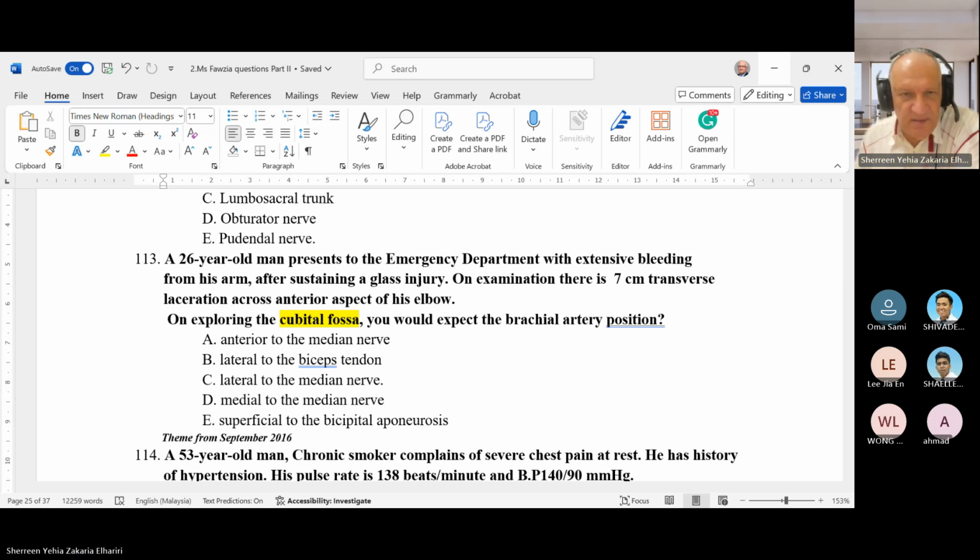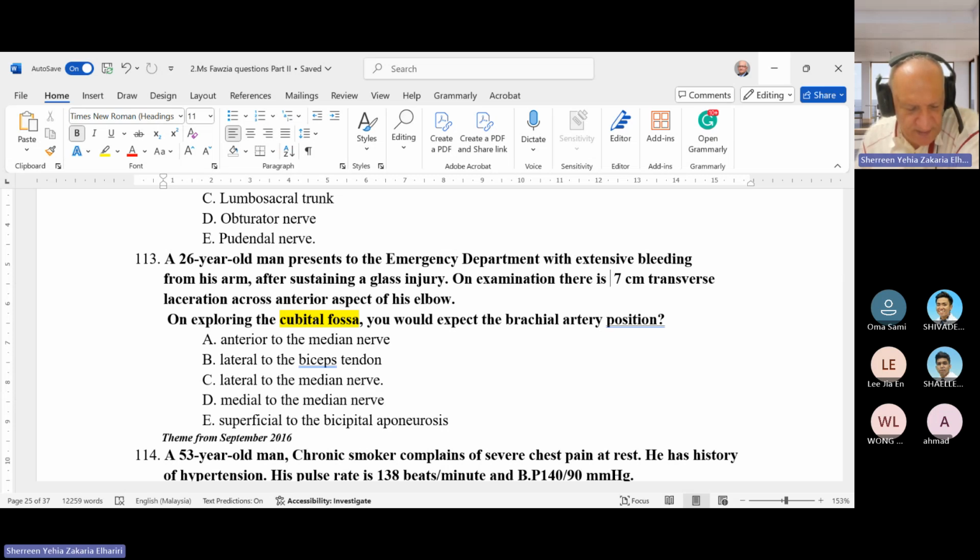First, anterior to the median nerve. Of course, you know, the median nerve has a triple relation to the brachial artery. Above it is lateral, in front, and in the cubital fossa it becomes medial. So it is wrong.